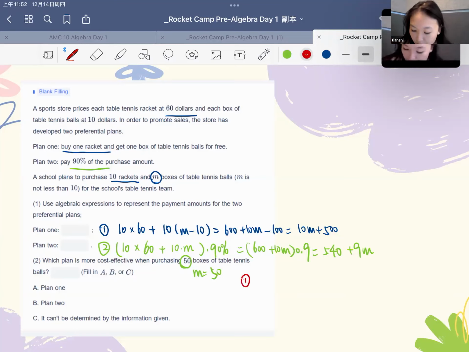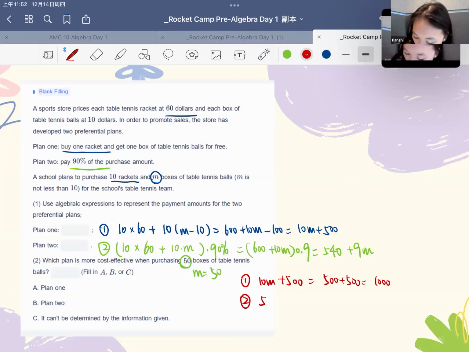So what is the final amount of payment for the first plan? It's 10M plus 500, and M equals 50. So it's 500 plus 500, and it's 1,000, right? And what about the second plan? When M equals 50 as well, it's 540 plus 9M.